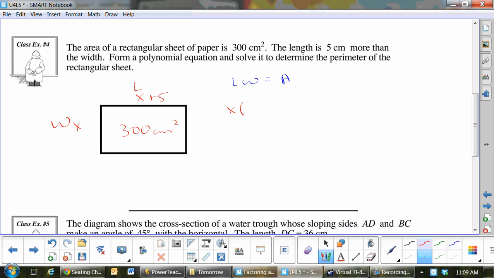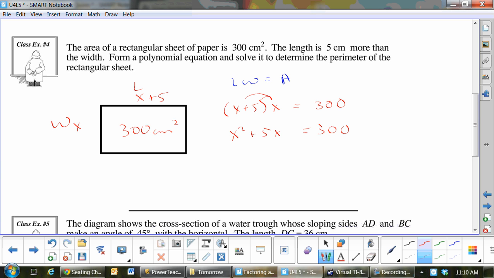That is x times x plus, oops, it'd be x plus 5, would it not be? x plus 5 times x equals 300. Okay? Now, usually we put the x in the front, but I was doing length times width. But this would be x squared plus 5x equals 300. Now, something's weird here.